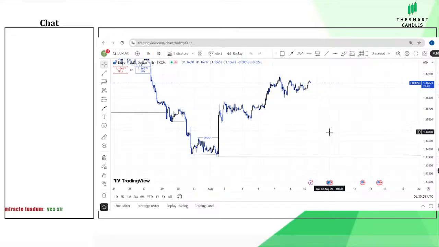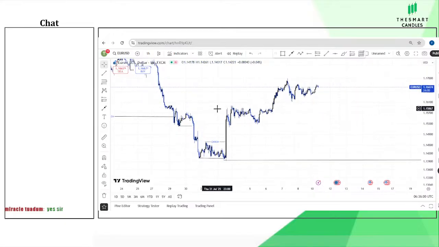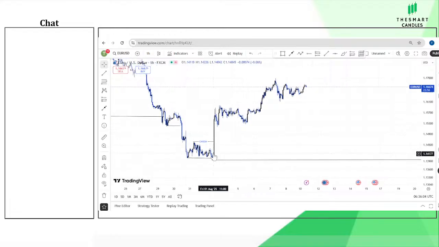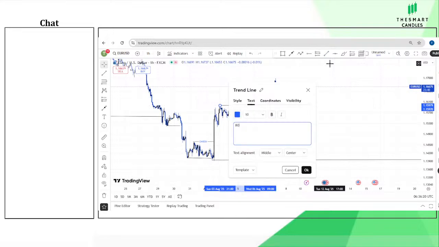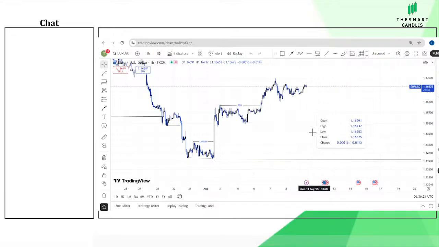We had a change of character, and price reacted to the upside with this nice momentum to the upside. Now giving us an external break of structure to the upside. That was our break of structure.